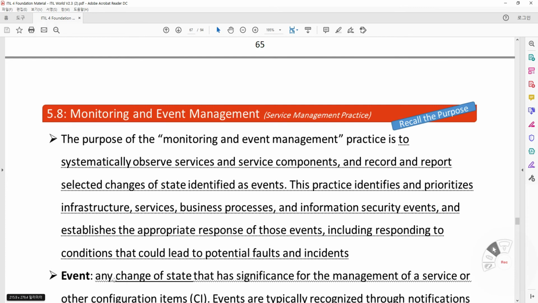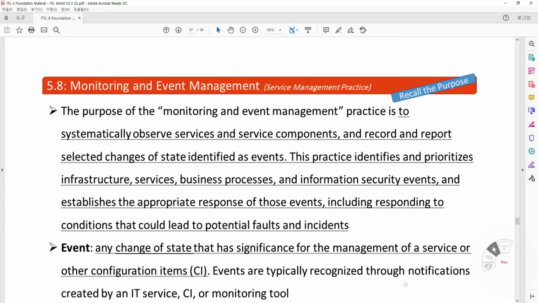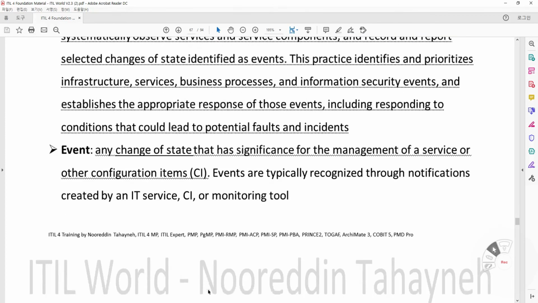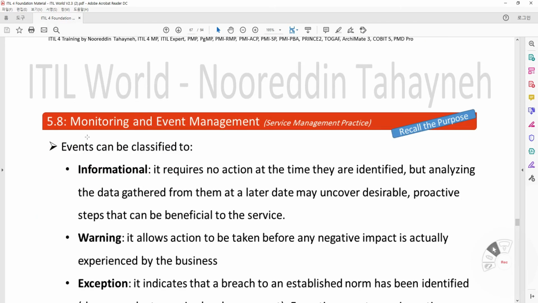Event: any change of state that has significance for the management of a service or other configuration item (CI). Events are typically recognized through a notification created by an IT service, CI, or monitoring tool.